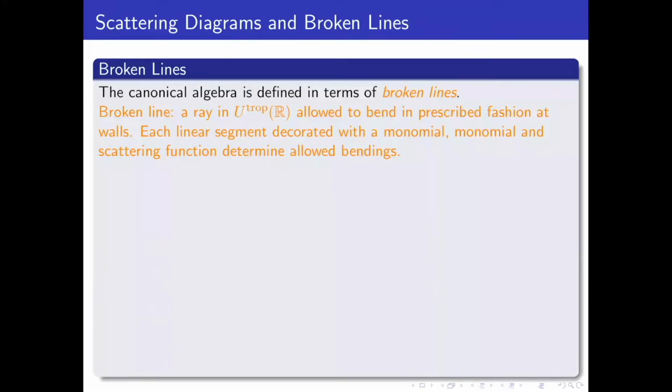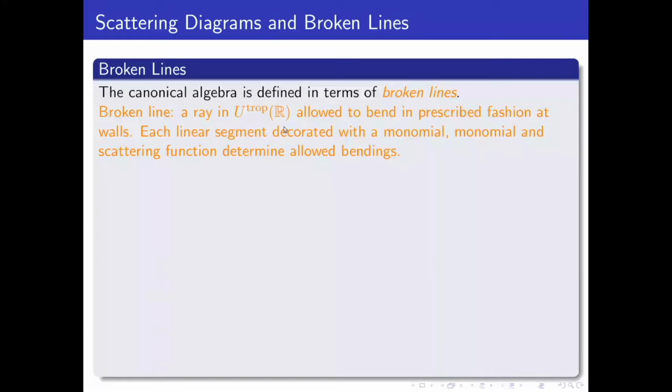We don't have a notion of linearity, but we do have domains of linearity in U trop R. And if we look between walls, well, regions between walls do have a linear structure. So we'll ask that wherever this ray can be linear, that it actually is linear. And when we cross a wall, there's going to be some prescribed fashion in which it's allowed to bend.